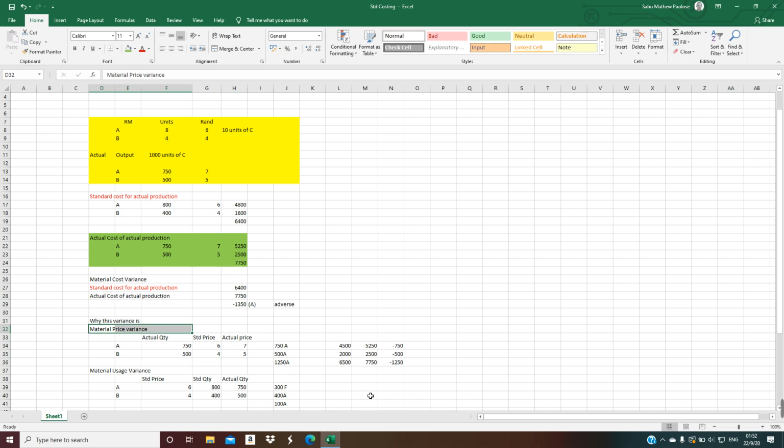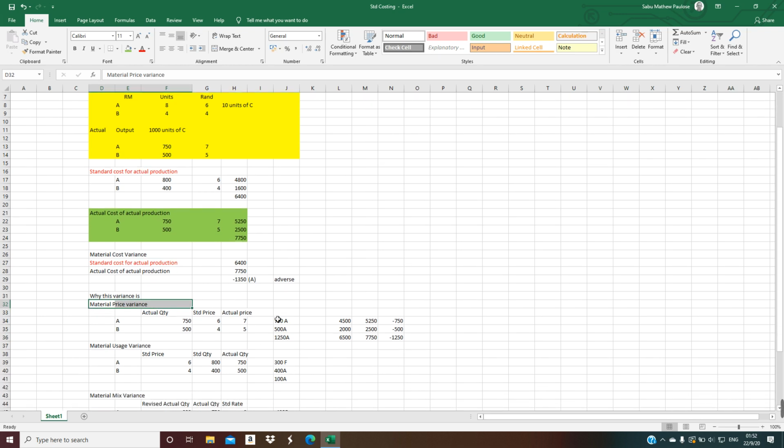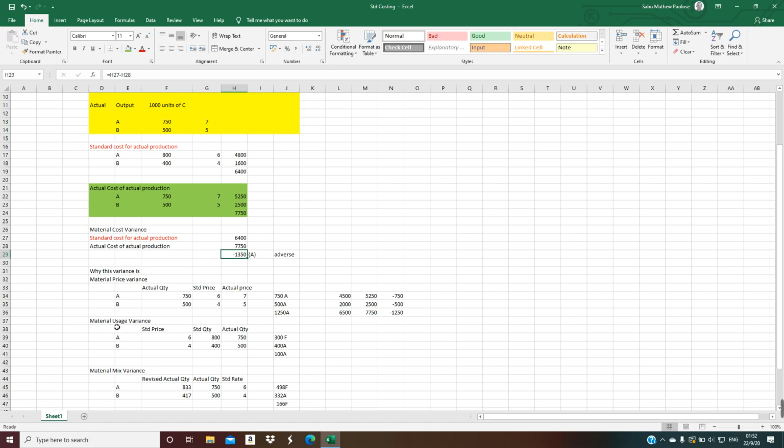Now for the balance, there is again 100 extra coming, minus 100. We will find out the reason for that 100. We will understand that it is due to the increase in quantity used.